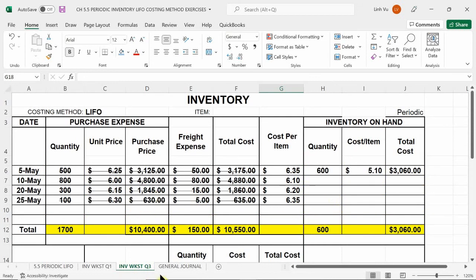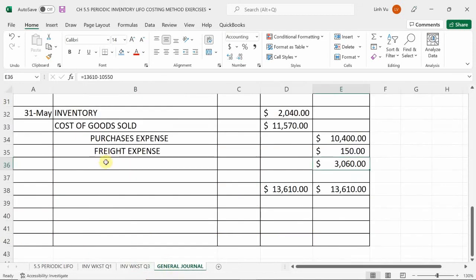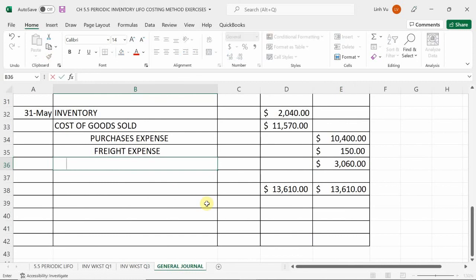So that is something that we also have to remember, is we also included the beginning inventory, okay? So in this case, when you're referring to beginning inventory and ending inventory, do not write beginning or ending inventory. For the sake of this class, you can do it because it's to help you practice. But at the end of the day, your beginning inventory and your ending inventory are the same exact account.